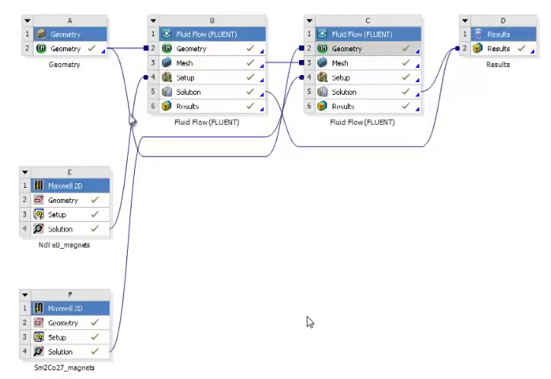The geometry is the same for the two models. You see the first Fluent simulation connected to the first Maxwell 2D and the second simulation connected to the second Maxwell 2D simulation. The meshes are identical for the two fluid solutions, and we'll compare all the results directly inside one environment using CFD-Post.